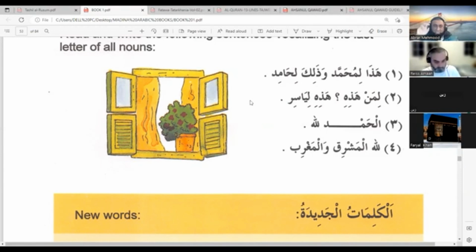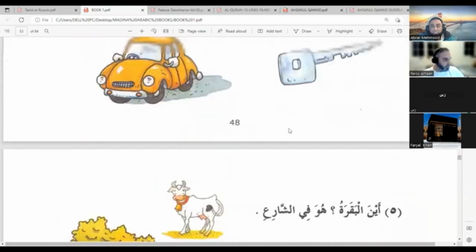Those particles or prepositions which give the ending of a noun a jar or kasra are 5 at the moment: fi, ala, min, ila, and li. Li hamidin, li yasirin, lillahi, so on and so forth.